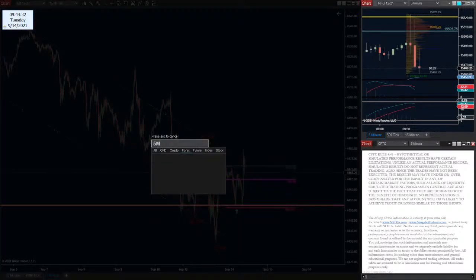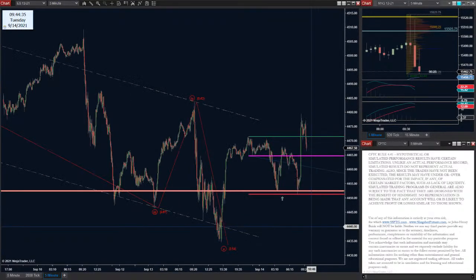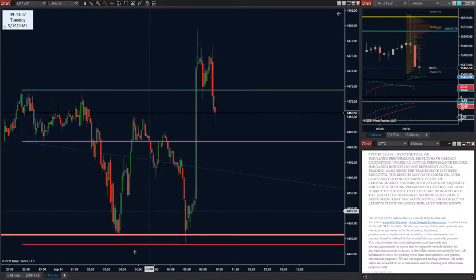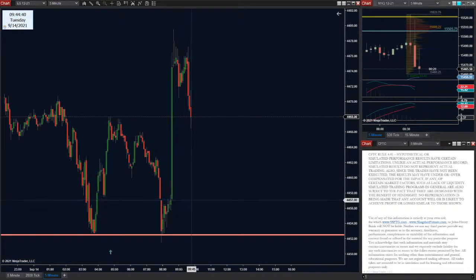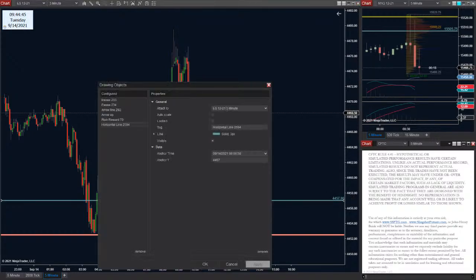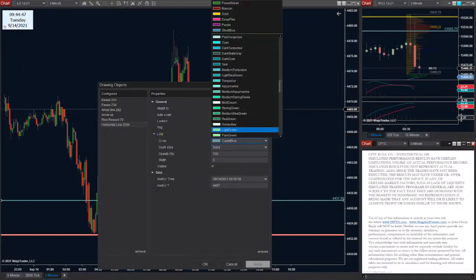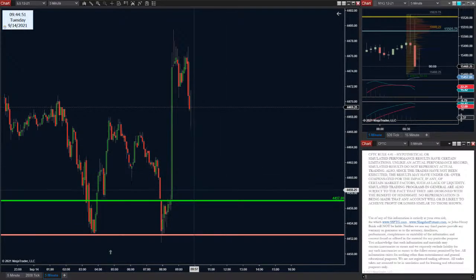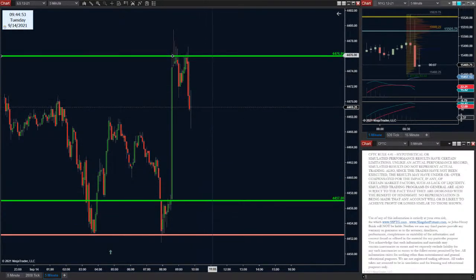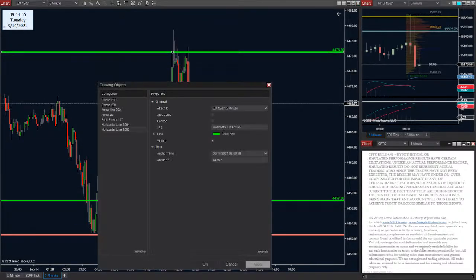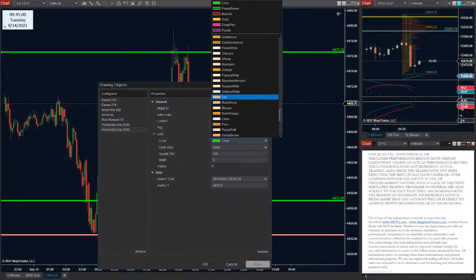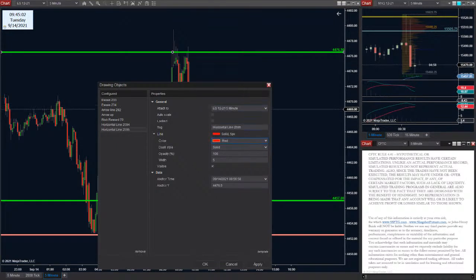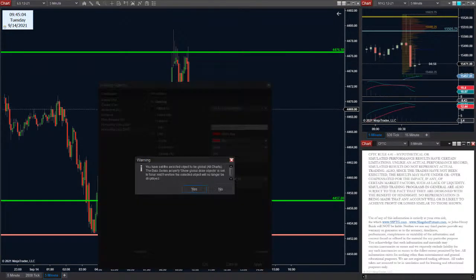As far as the S&P goes, the 8:30 candle and the 15-minute candle were basically the same thing, but if you were to catalog it, the 8:35 bar was a low at 44.57. Let's make that a lime. And the top of that candle was 76.50, which, of course, is going to be red. Let's put it on all charts so we can see it.